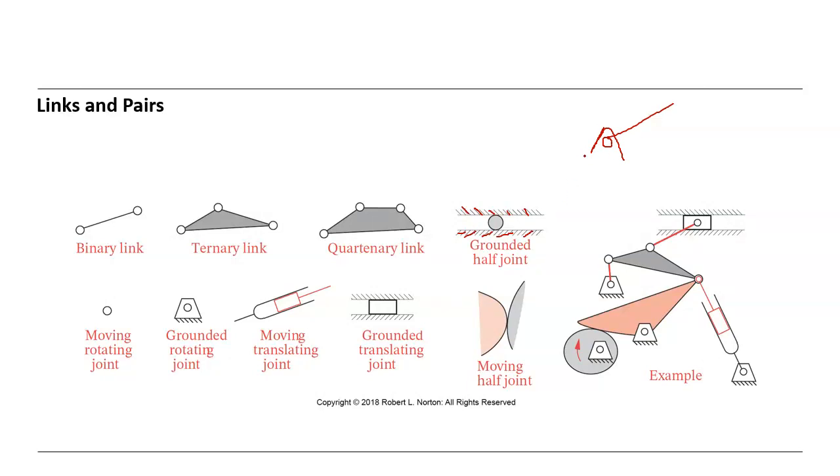It has only one joint, one degree of freedom, and this is rotation. So a grounded rotating joint. This is a moving translating joint. Translating, like a hydraulic cylinder or pneumatic, or hydraulic linear actuator or pneumatic linear actuator.